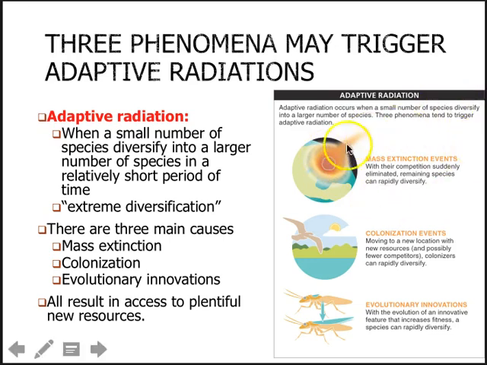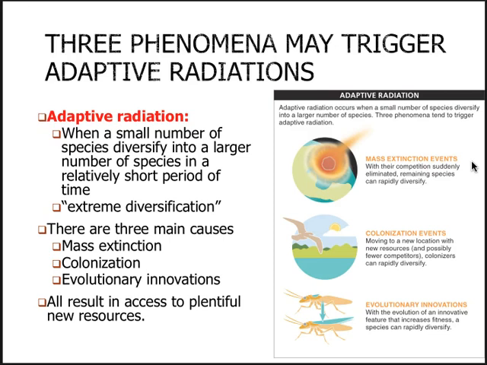So let's think about this mass extinction event. You kill off a huge proportion of the animals on the planet, or the organisms on the planet, but not all of them die. Some of them survive, and the ones that survive reproduce. And there's all of these ecological niches available to move into. We used to have very few mammals when the dinosaurs were around.